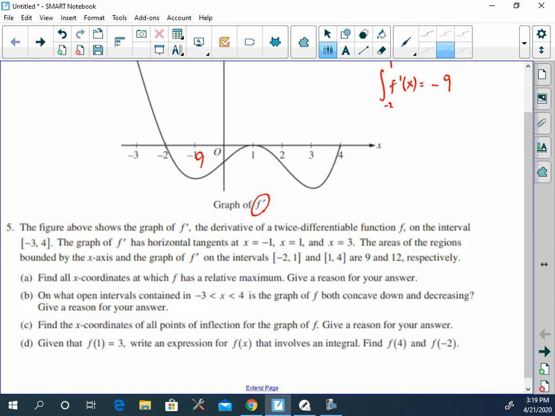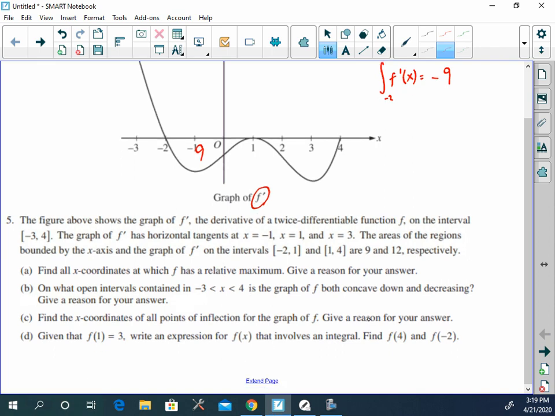So find all x coordinates at which f has a relative maximum. So let's write this down: relative or local maximums occur when the derivative changes from, and let's think about this for a second.